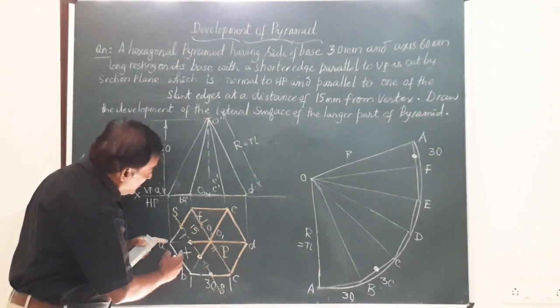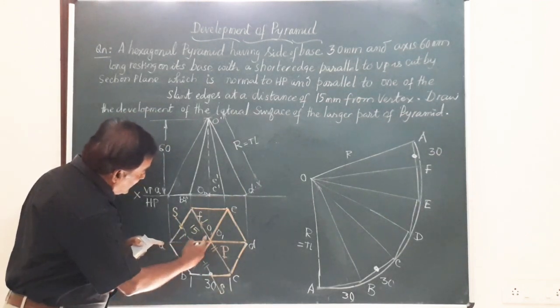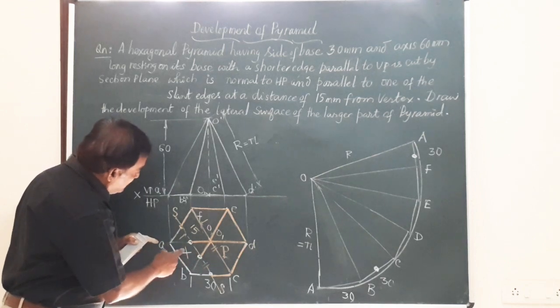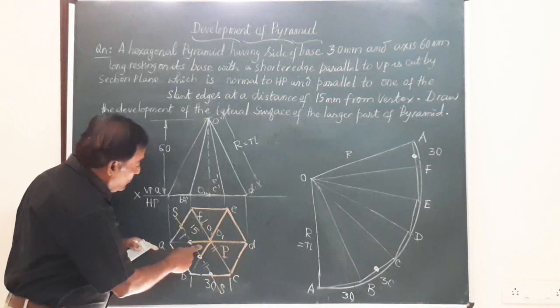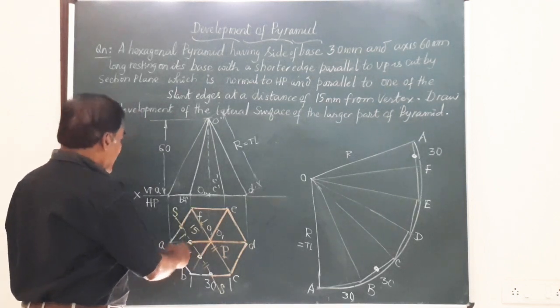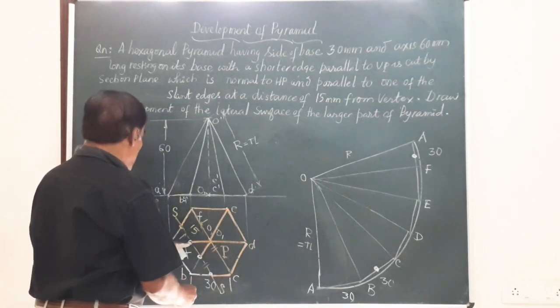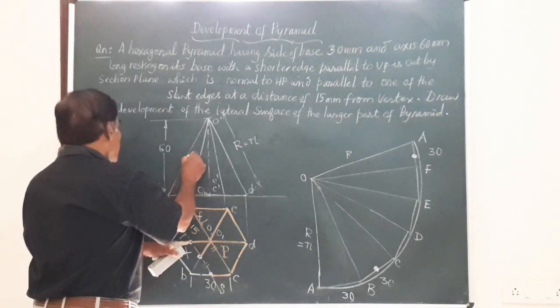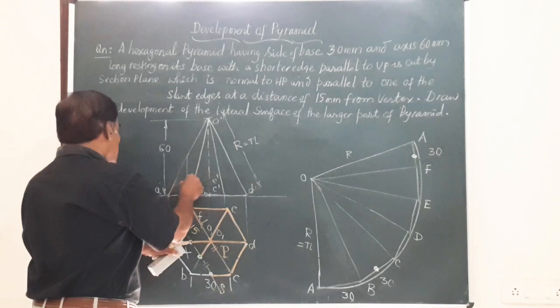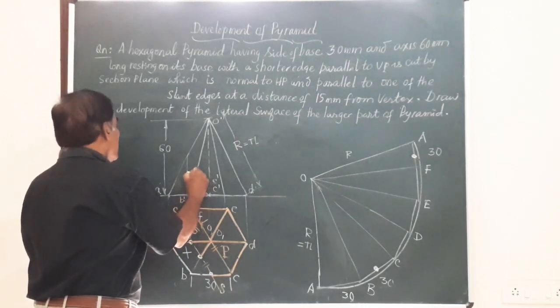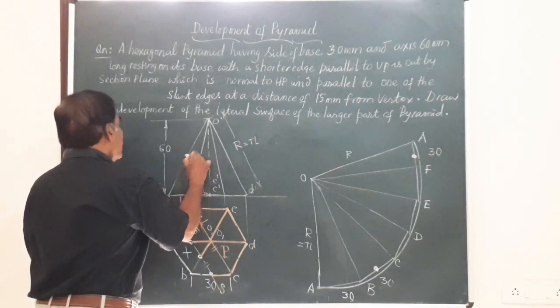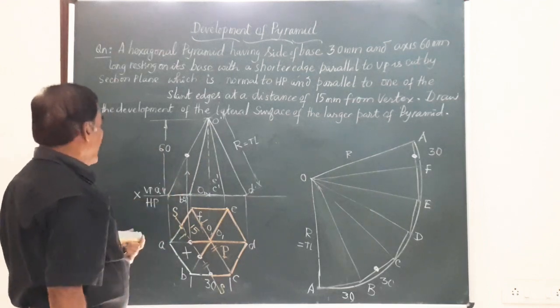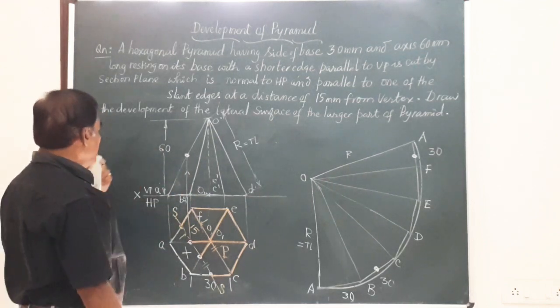Then let's come to the slant edges where the section plane is cutting the solid. So the slant edge OA is cut here. So here in the front view, we have this OA here. So project this line from there, and this is where the object is cutting the slant edge OA, that is O dash A dash.